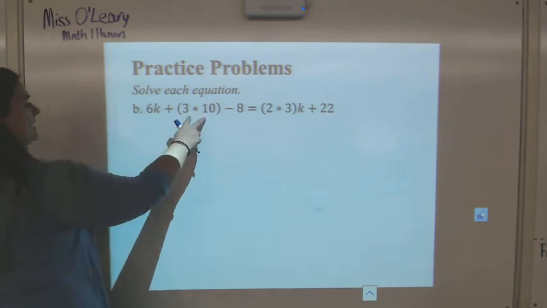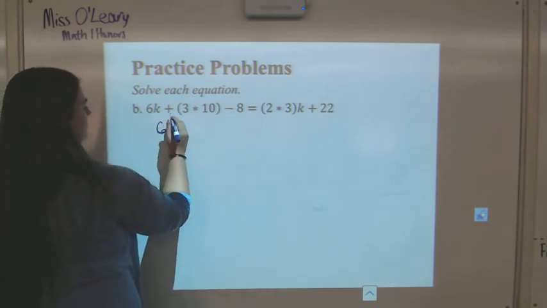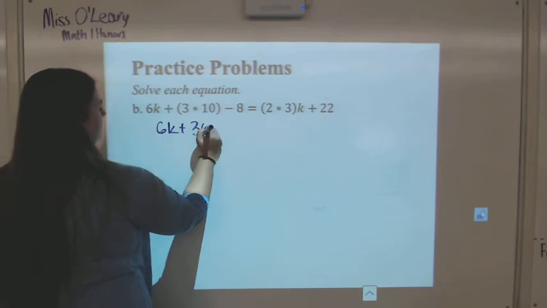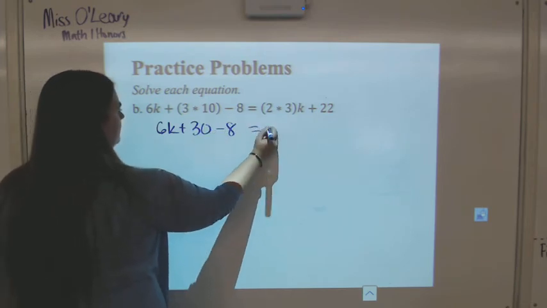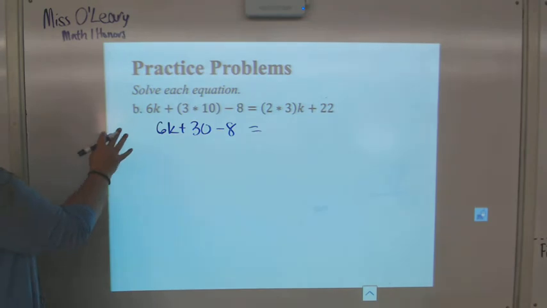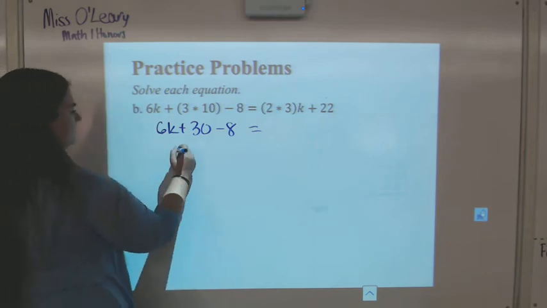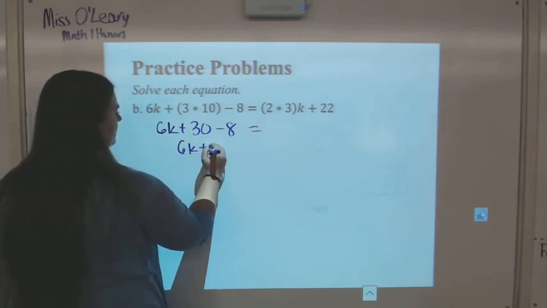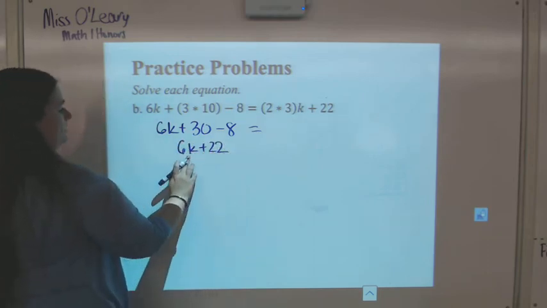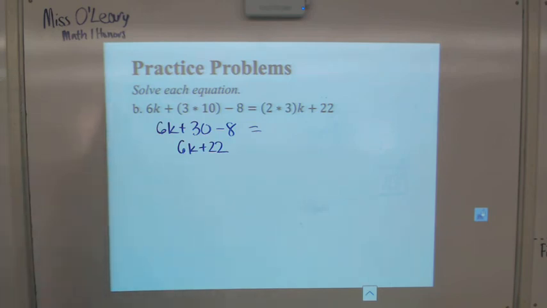So I take 3 times 10, and I'm going to leave that side alone for a minute here. I want to simplify my left-hand side of the equation. When I get this here, well, now I'm down to addition and subtraction. 6k plus 22. These are not like terms, so I'm done. There's nothing else I can do to simplify this expression.